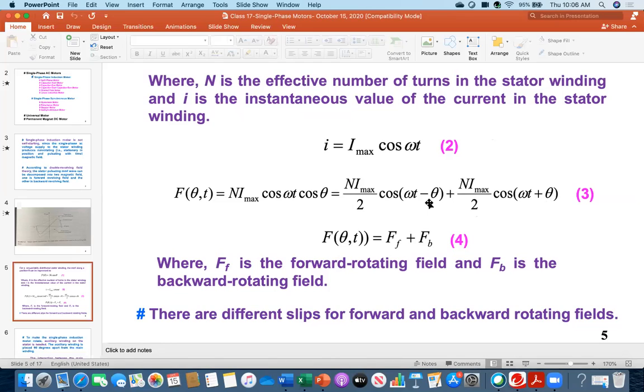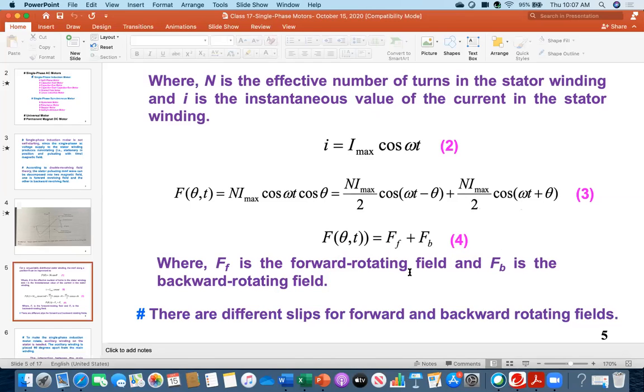Therefore, if you say this one is my forward field, FF, I have written forward rotating field, then definitely the other one is the backward rotating field. So this proves the fact that a single phase induction motor has two types of magnetic field. One is called the forward field, the other is called the backward field.